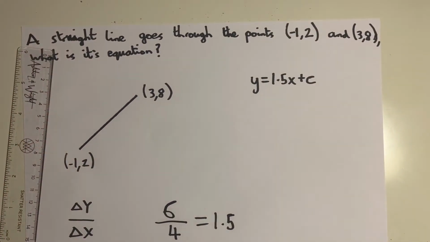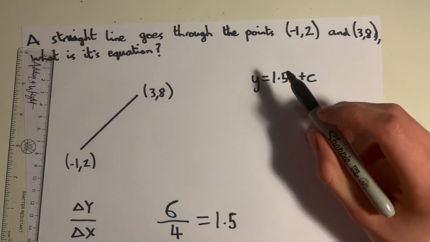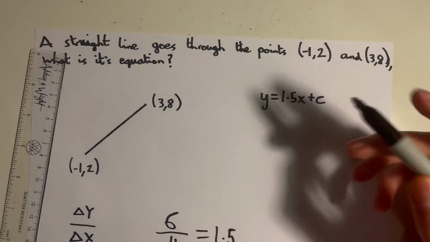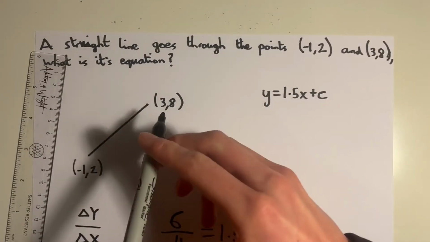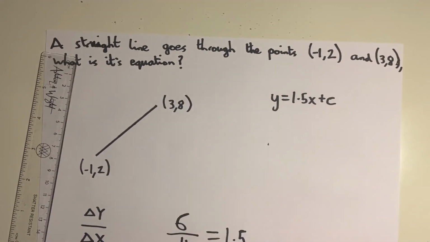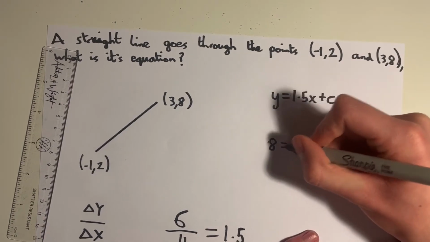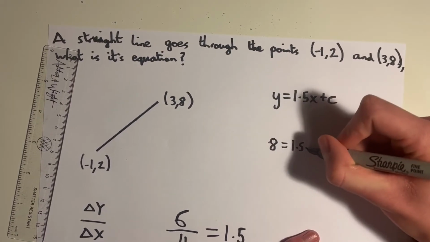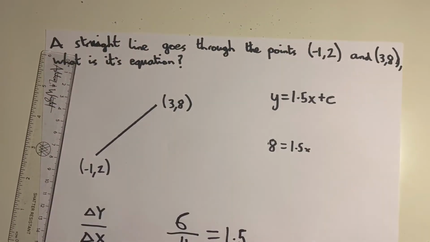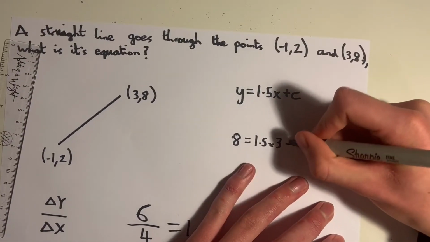However, we also need to work out the y-intercept, because as you know, when finding the equation for a straight line graph, we need to work out the gradient and the y-intercept. So what we can now do is plug in these coordinates into that equation. 8 here is a y coordinate, so we can just plug that in there. So 8 equals 1.5 times the x coordinate of the same pair of coordinates, which would be 3, plus c.